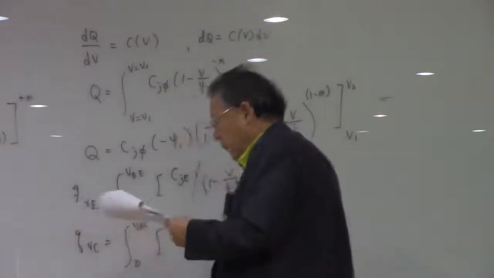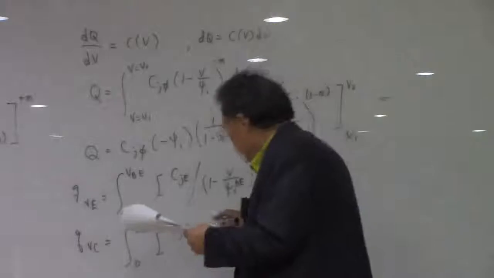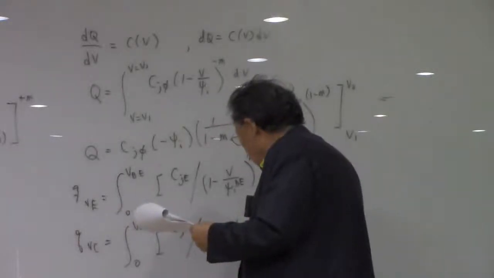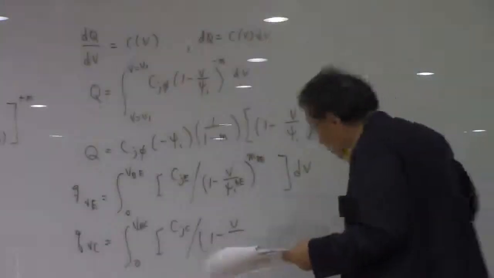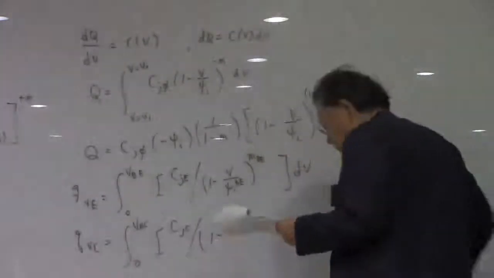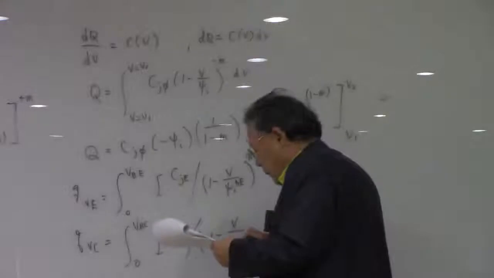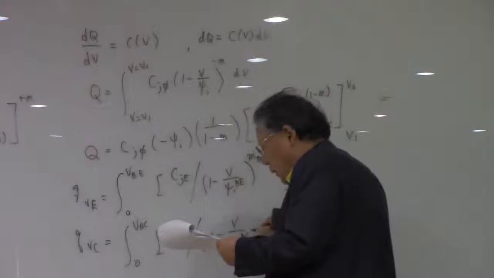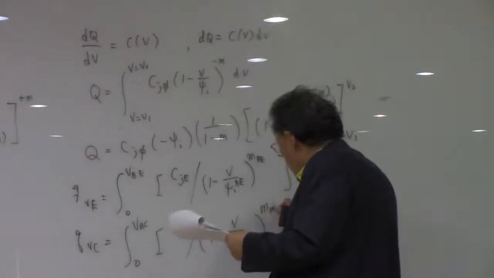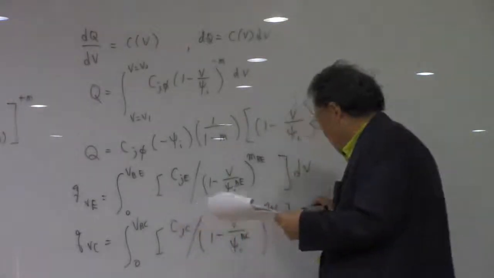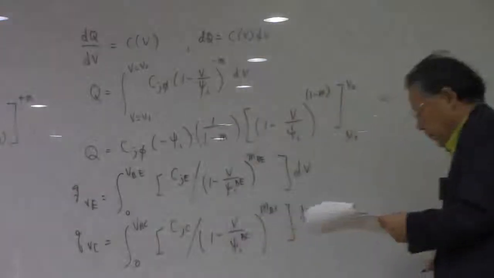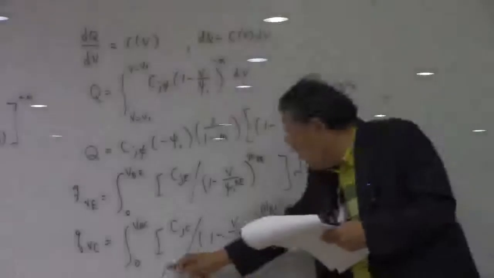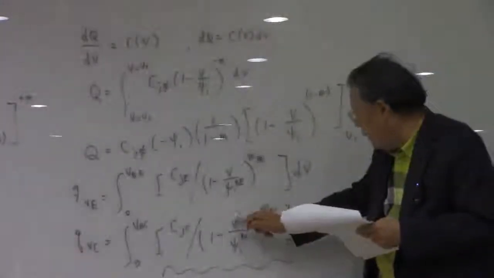Okay? And then QVC is CJC, 1 minus V over psi I, almost the same formula. Psi I now is for BC, and M for BC, dV. So this term depends on the applied voltages.